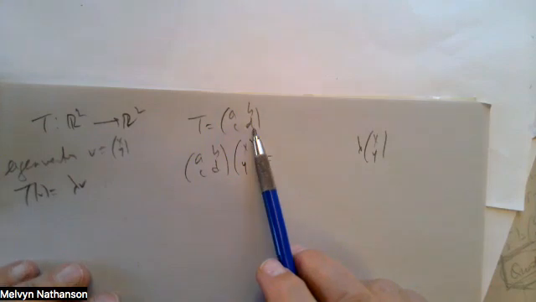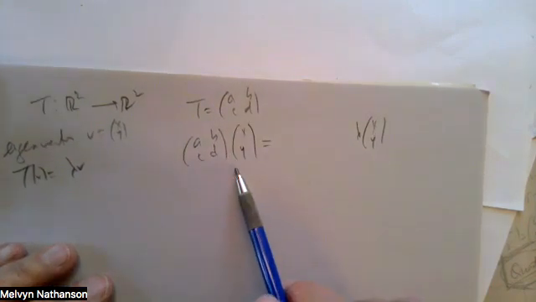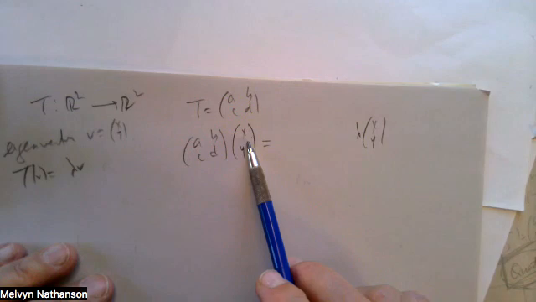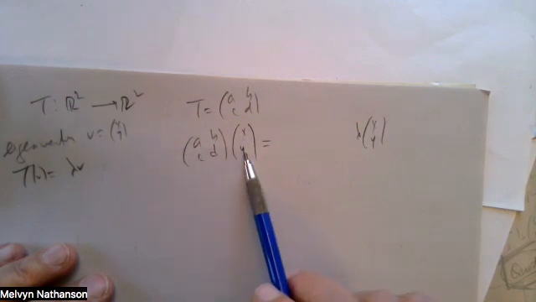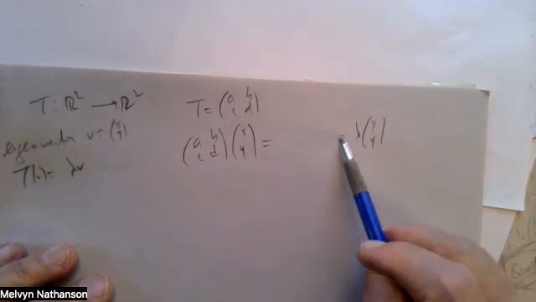So given this matrix, we want to look for eigenvectors. Can we find an eigenvector XY such that A, B, C, D applied to XY is just lambda times XY?